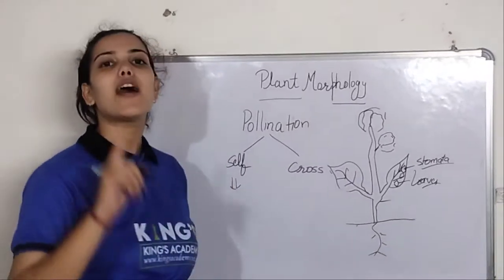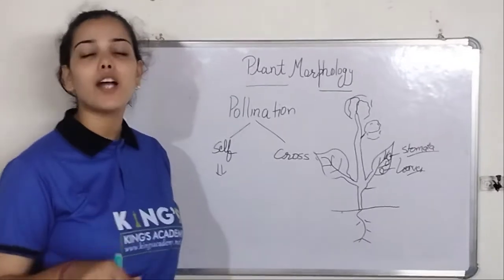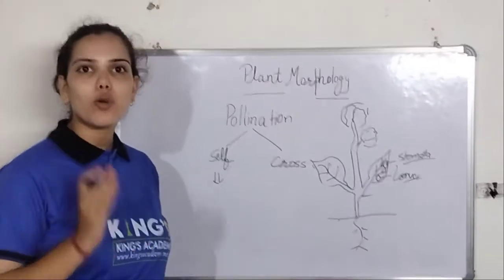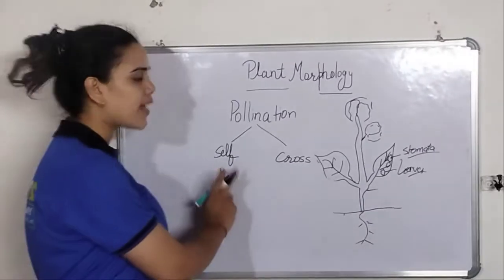Self-pollination occurs when the male part of the plant fuses with the female part of the same flower. When the reproduction occurs in the same flower, this is known as self-pollination.